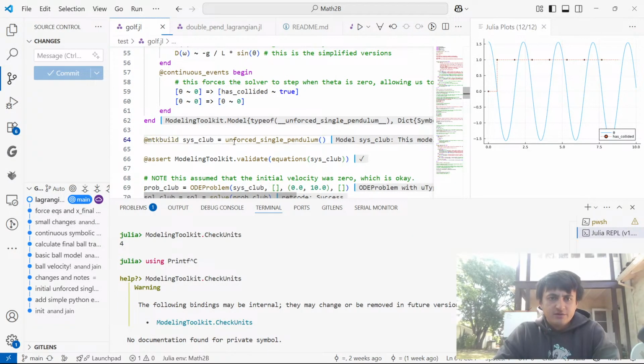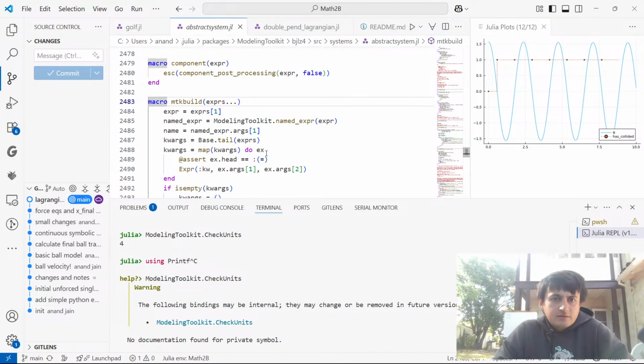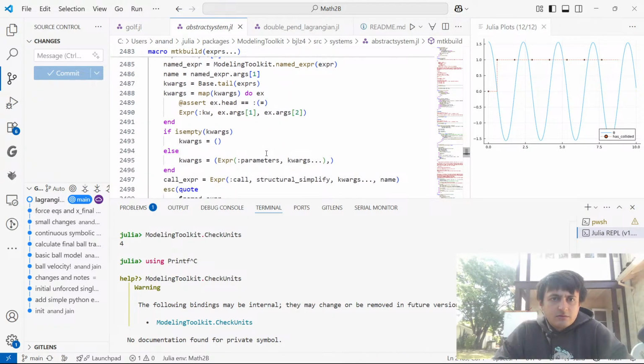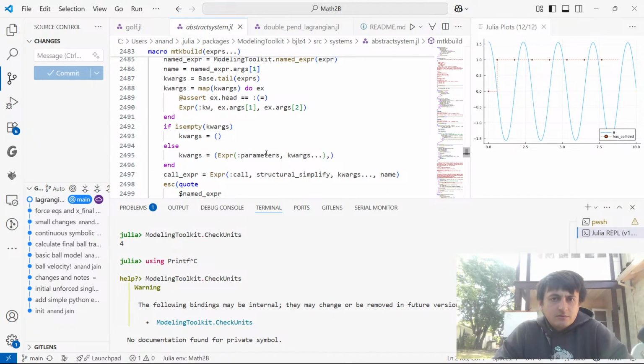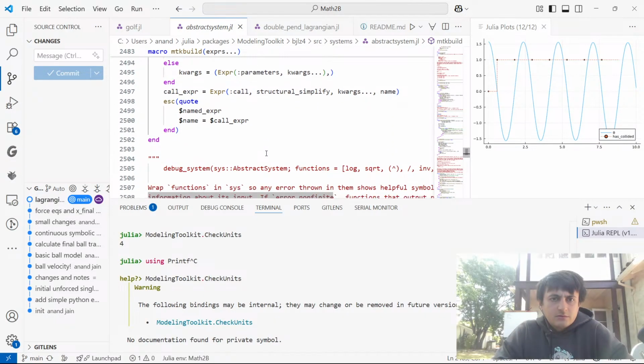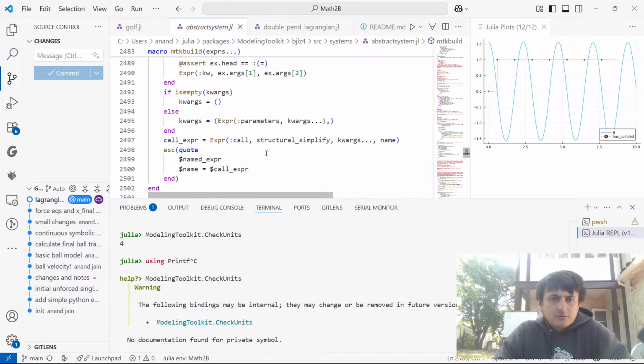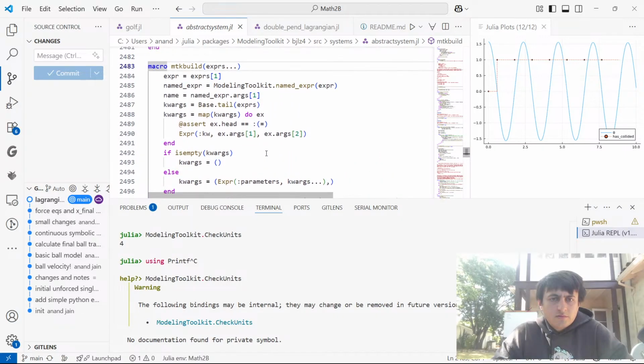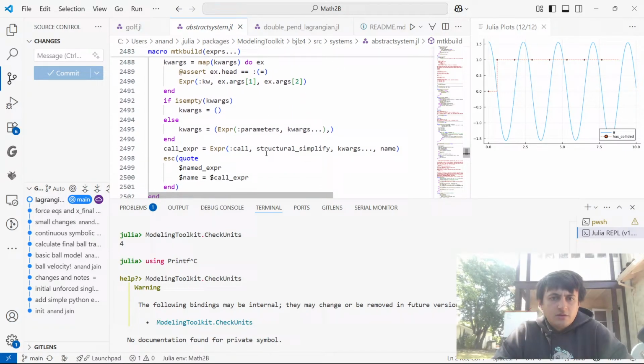But MTK build doesn't take any of the checks in it, does it, right? Where does it call?